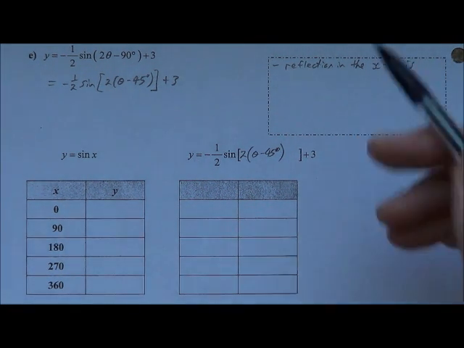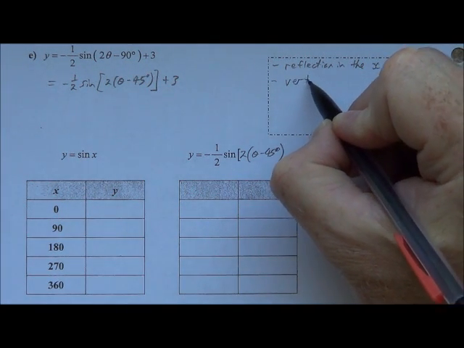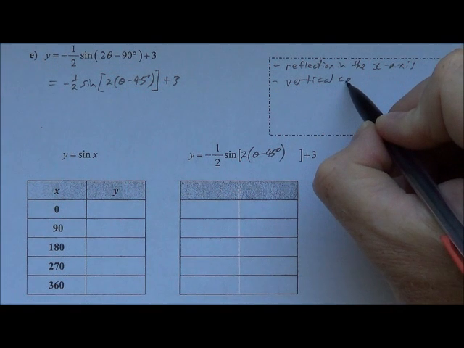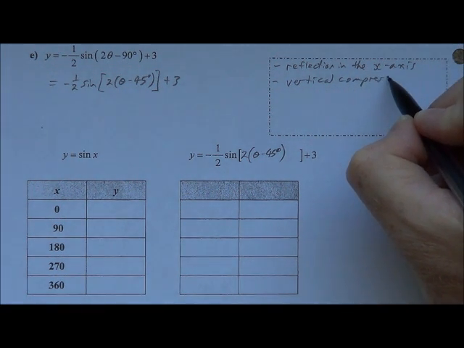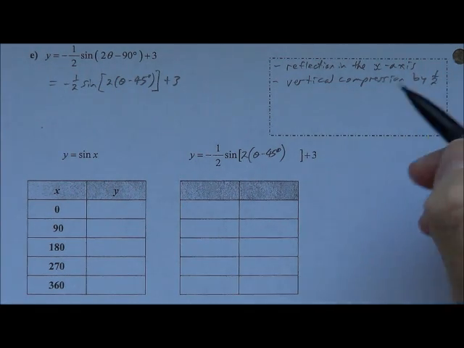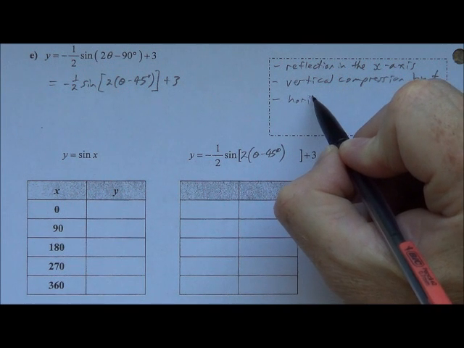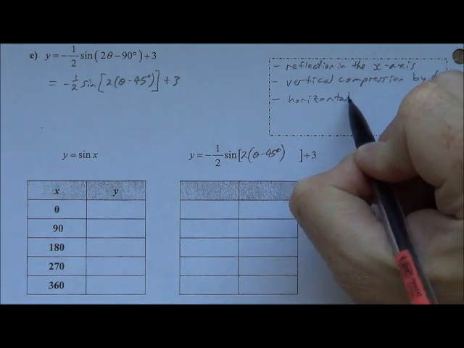So we have a reflection in the x-axis, vertical compression by half. Then inside here we've got a horizontal compression by half.